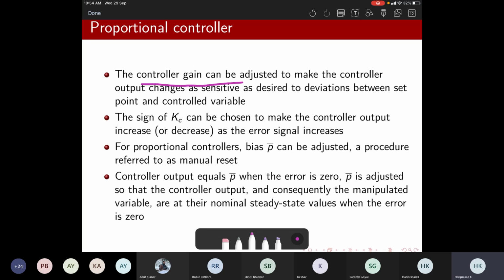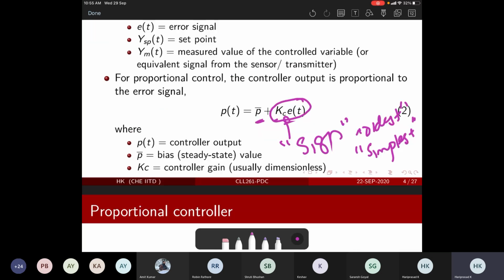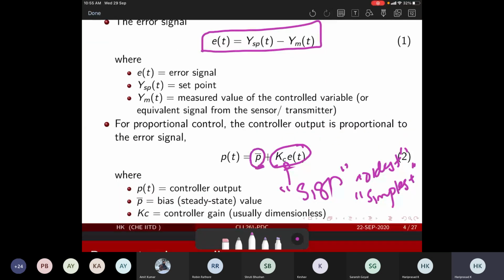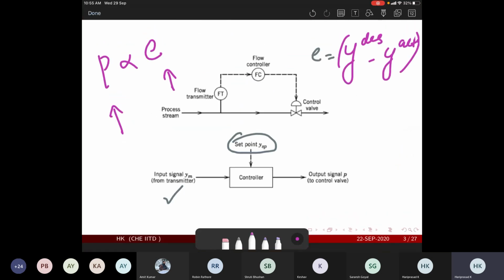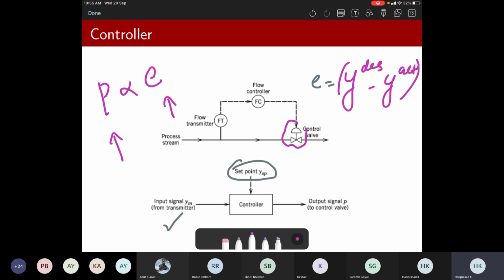The controller gain is adjusted to make the controller output change. The sign of the Kc can be chosen to make the controller output increase or decrease. And there is also a term known as bias. Sometimes you need a threshold for this control valve, for air to open.